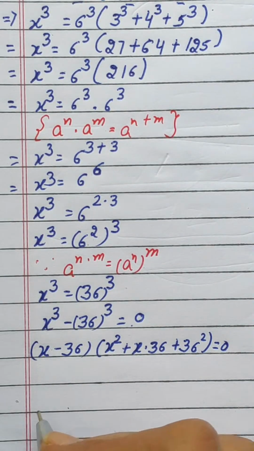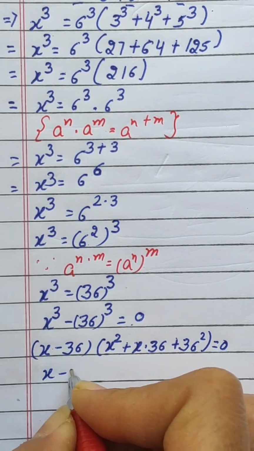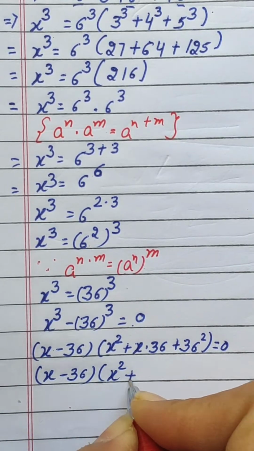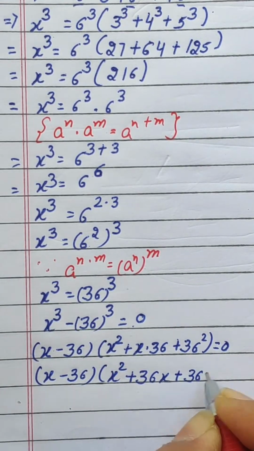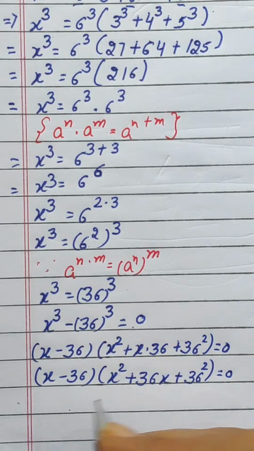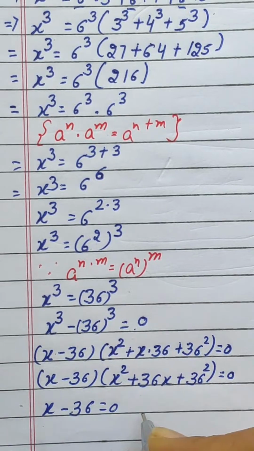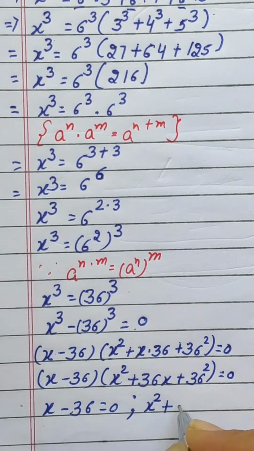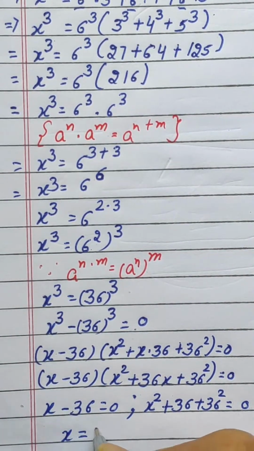So we write here x minus 36, x square plus 36x plus 36 square is equal to 0. So we just converted: x minus 36 is equal to 0, and the second equation is x squared plus 36x plus 36 squared is equal to 0. So here we can write x is equal to 36.